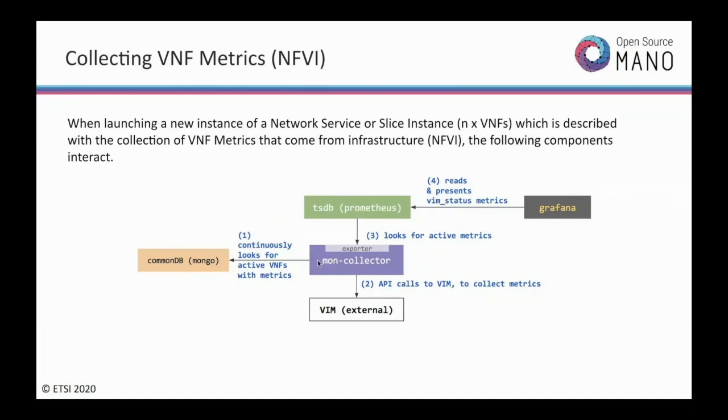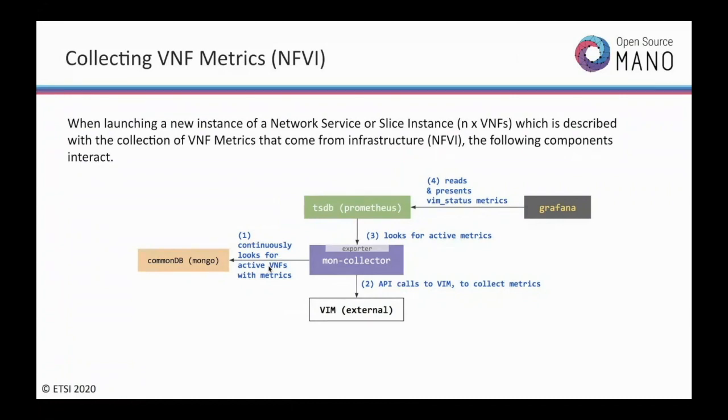What MON does to collect metrics that come from an API, I mean, basically CPU, memory, disk, and networking information from interfaces, is continuously look for active VNFs with metrics. I mean, VNFs that were modeled to use metrics or to gather metrics.